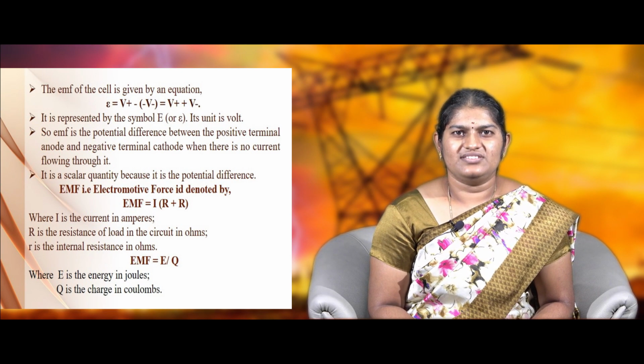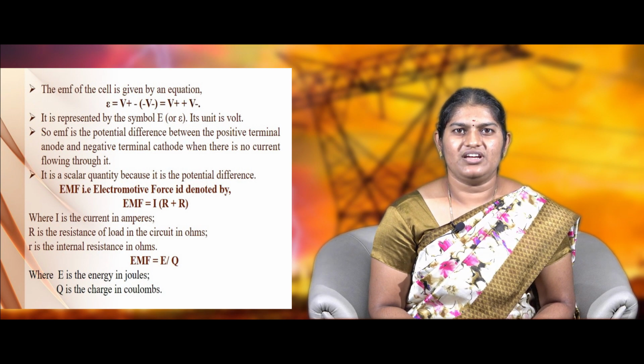Therefore, EMF is the potential difference between the positive terminal (anode) and the negative terminal (cathode) when no current I is flowing through it. It is represented by the symbol E. Its unit is volt. It is a scalar quantity.